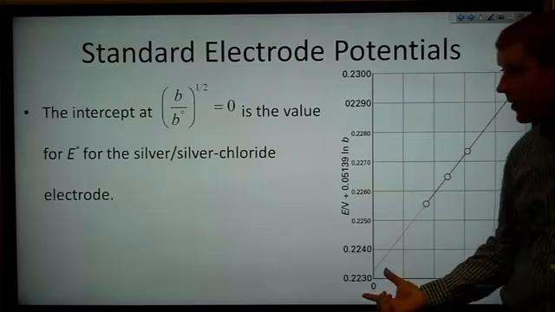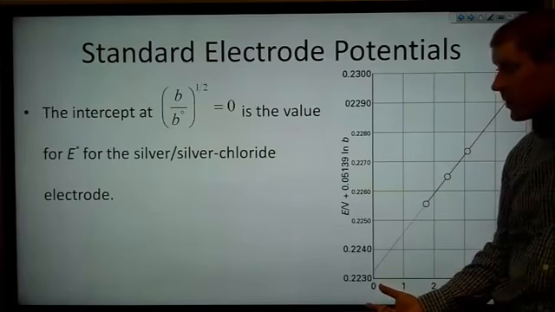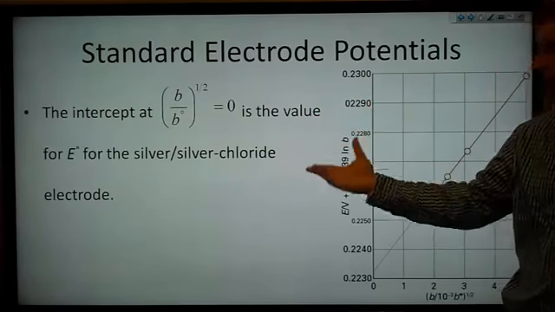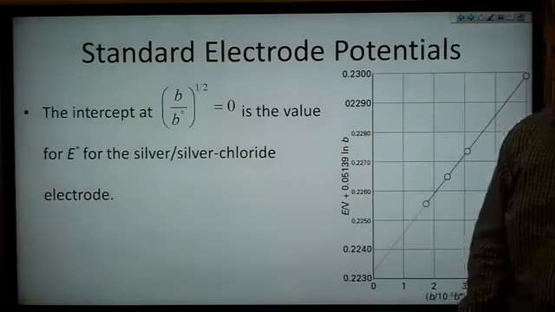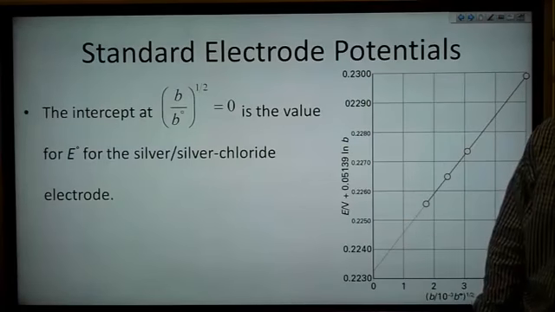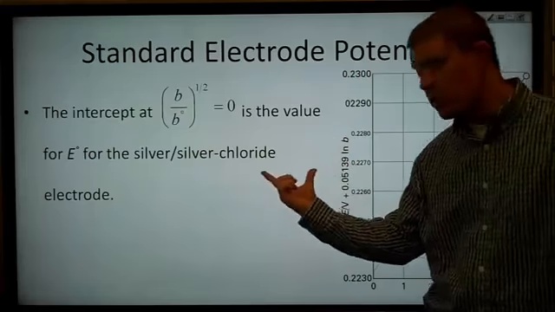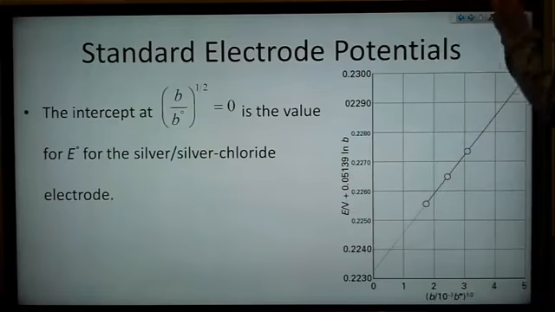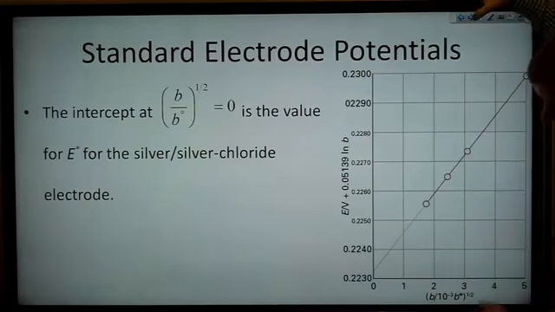And our intercept here at 0 is the value for E0, so our standard cell potential for the silver chloride electrode. Right, so in this case, it's around 0.223.